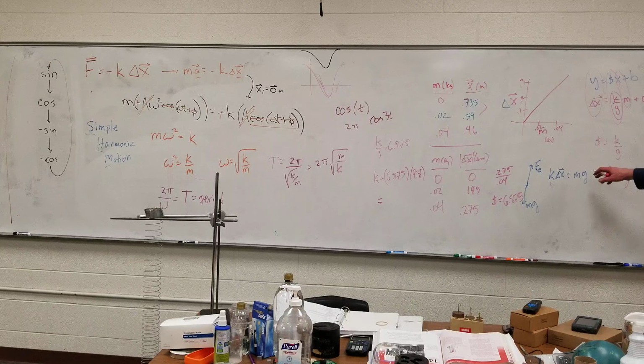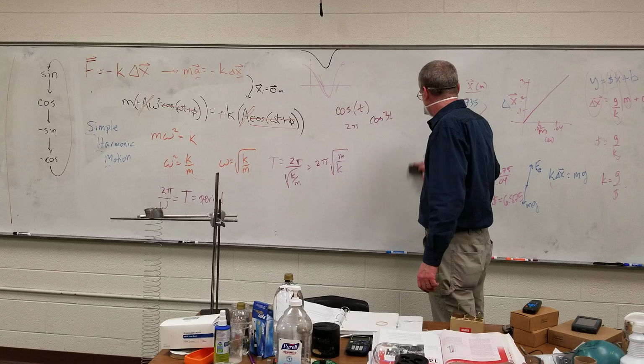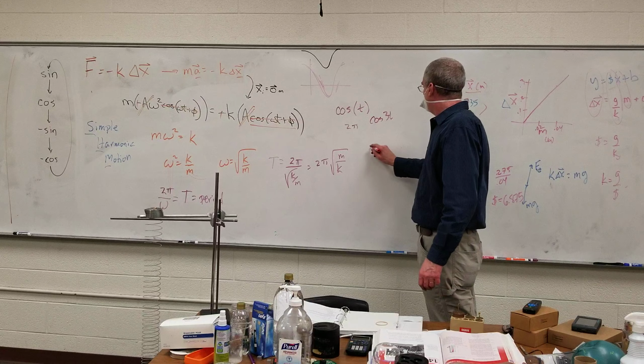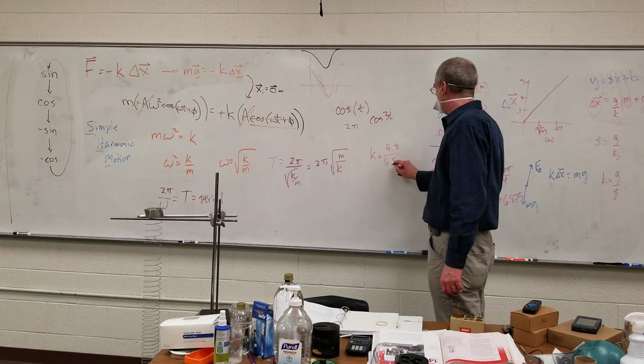K delta x equals mg, good with that. We have delta x right there, so delta x equals G over K. So K is equal to 9.8 divided by 6.875.